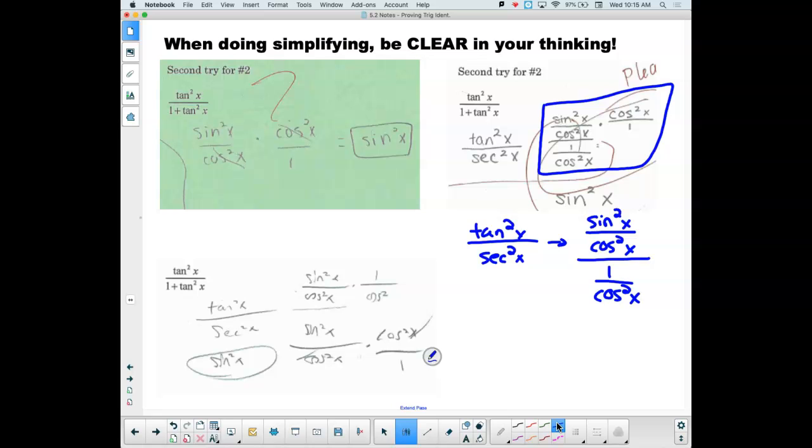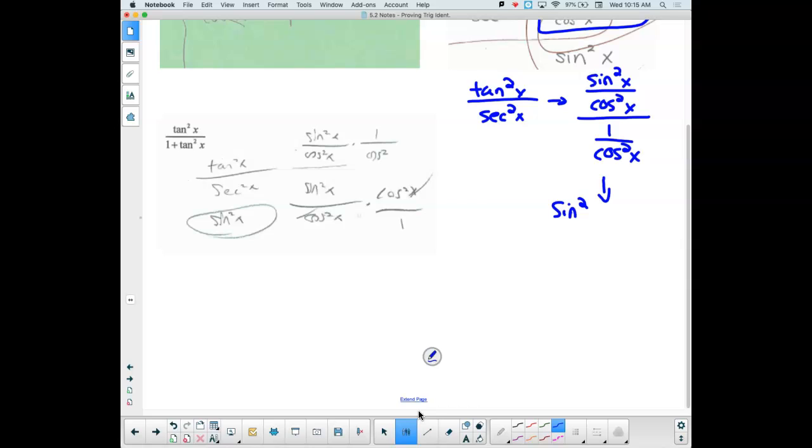Then in a separate step, you need to say that this then becomes, well, like that.